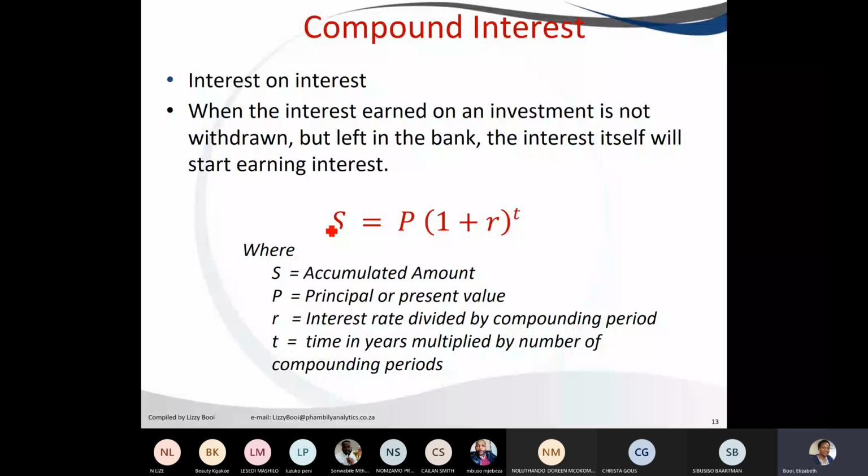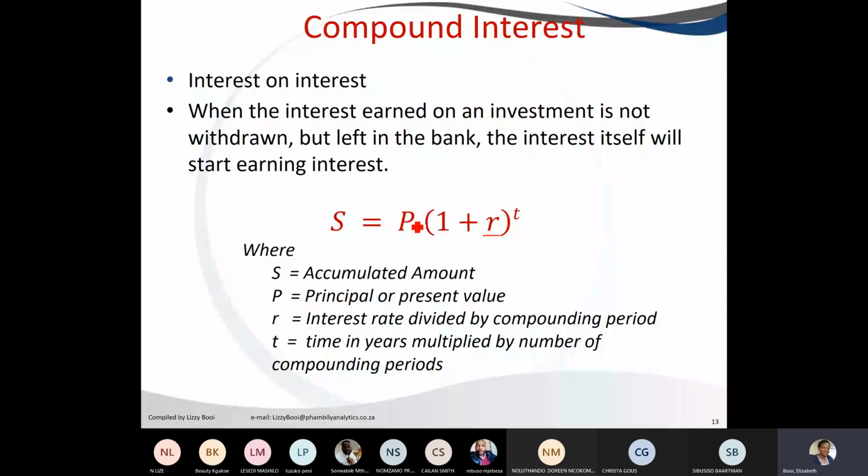And to calculate compound interest future value, we use S equals P times (1 plus R) to the power T. Those who are calculating this manually, you will always need to remember that because it is compounded, we're always going to divide our rate by the compounding period, and we're going to multiply our period or our term by the compounding period.